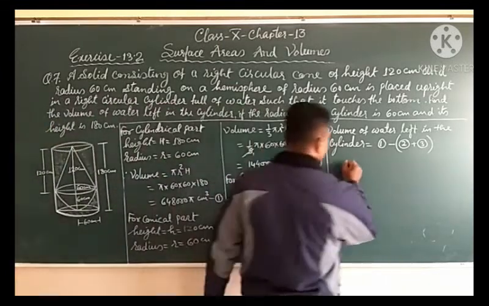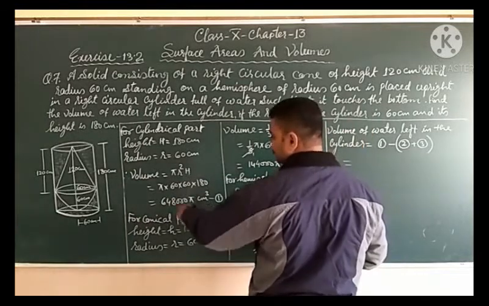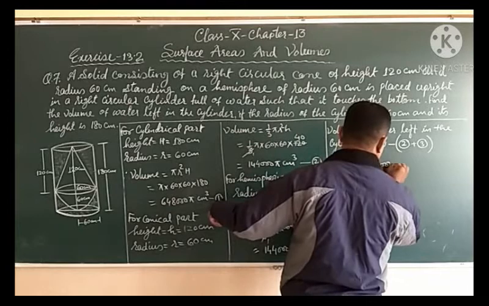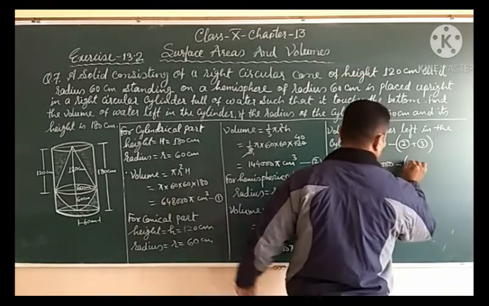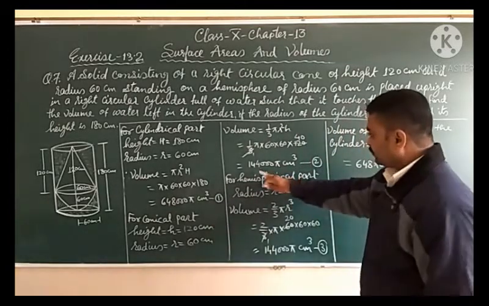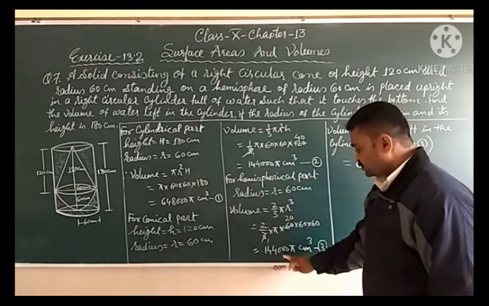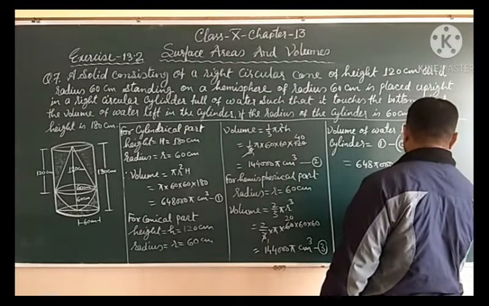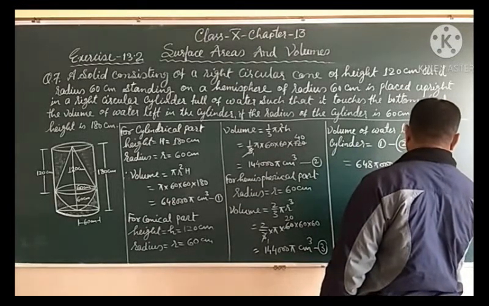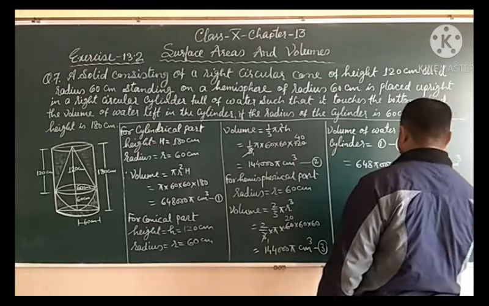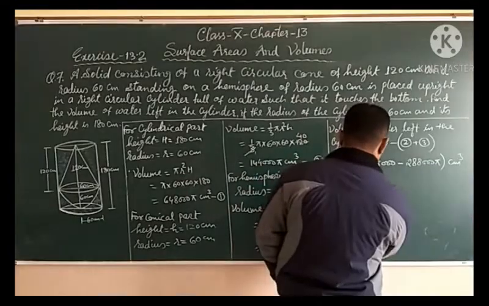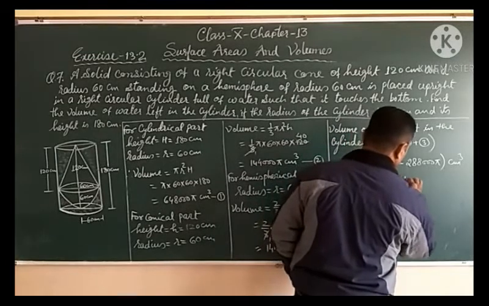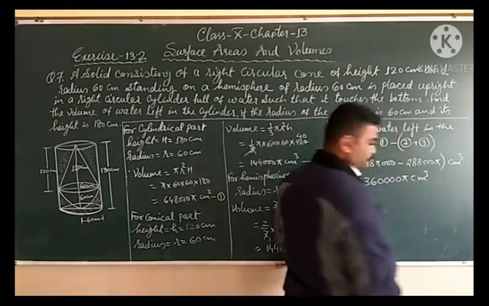So here 1 minus 2 plus 3: 648,000 pi minus 144,000 pi and 144,000 pi, that means 288,000 pi centimeter cube. After subtracting we get 36,000 pi centimeter cube.